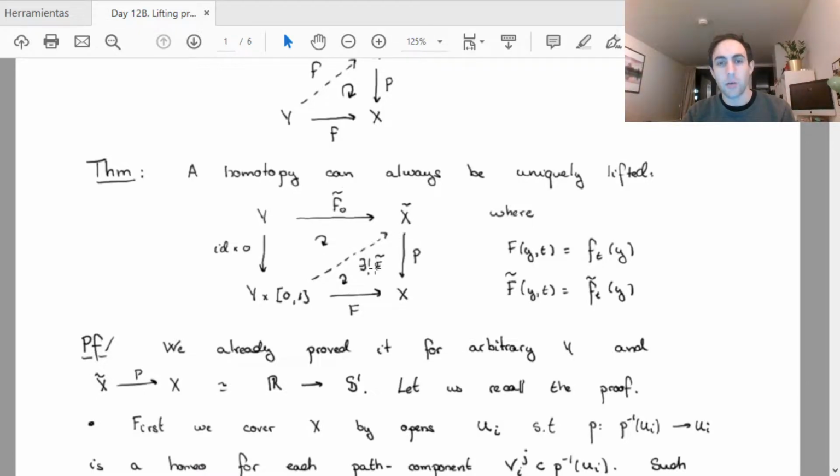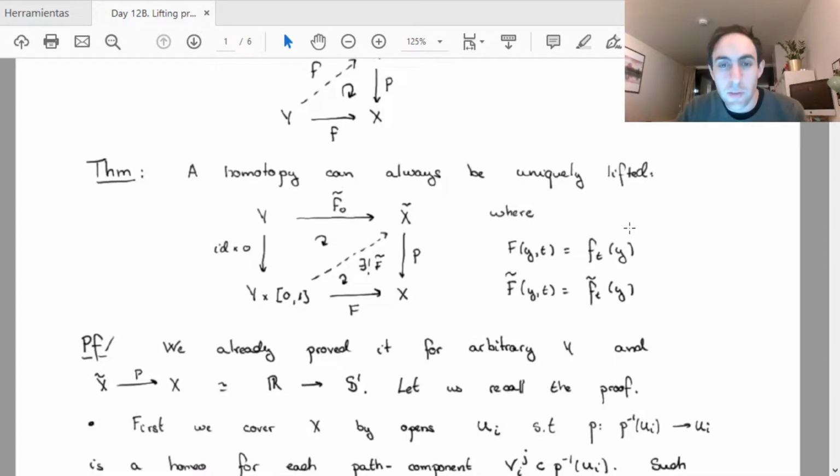The statement says there's a unique big F tilde that makes this diagram commute. So it lifts big F and it restricts to F tilde 0 at time t equal to 0. So big F tilde is the amalgamation of F tilde t, which is the lift of the homotopy F_t.